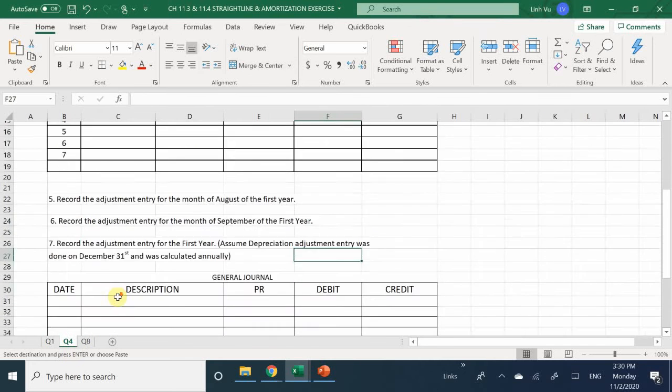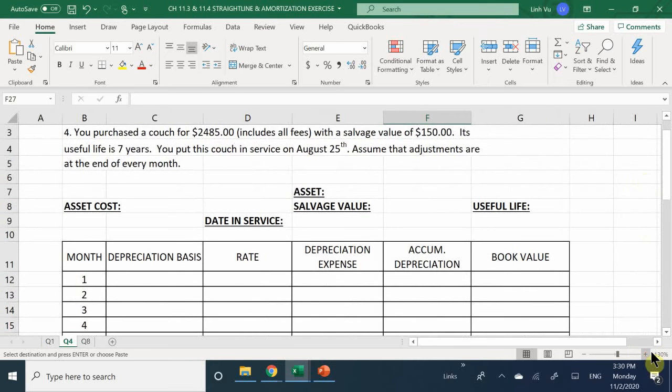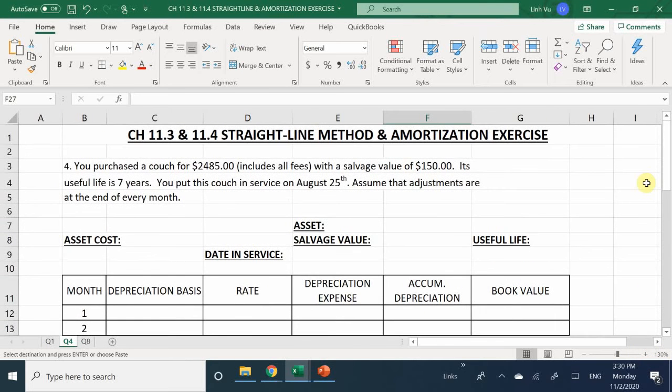Okay, so this one I'm going to test your knowledge this time. Instead of doing the basic years, this time we're going to depreciate it every month. Here is the situation. You purchase a couch for $2,485 even, which includes all fees, with a salvage value of $150.